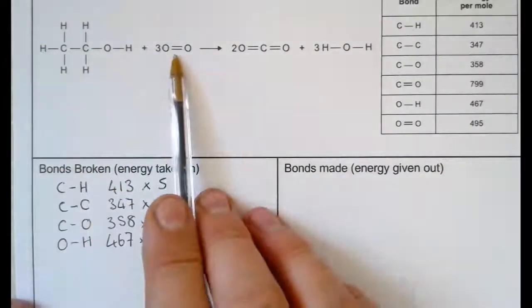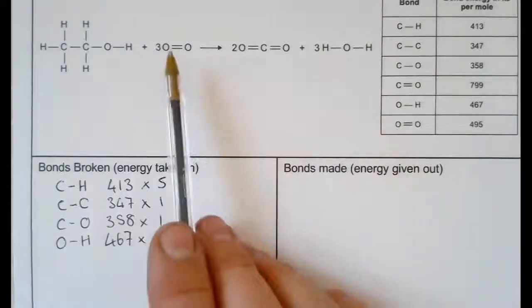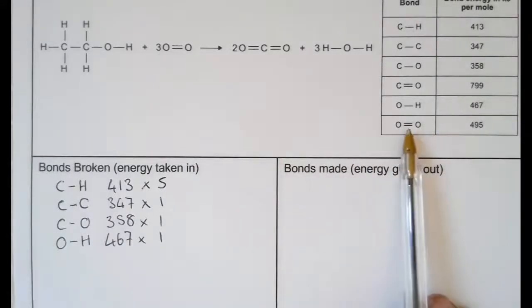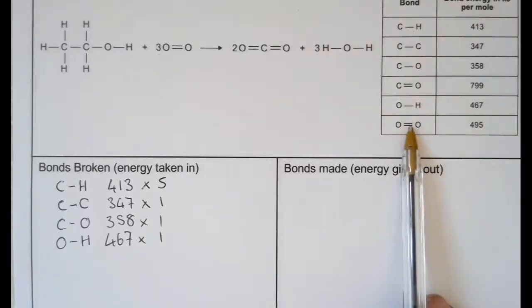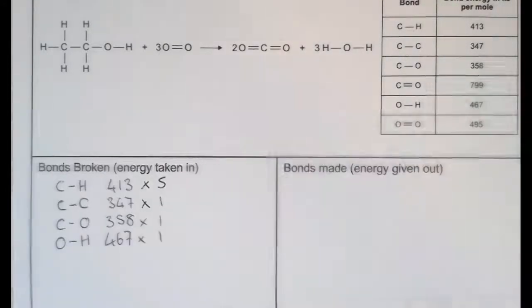Now we need to have a look at the second molecule. The second molecule is an O2 molecule, and in each molecule we've got 1 of these O double bond O. If you've got 2 lines like this, that means a double bond. If you've only got 1 line like we did over here, that's a single covalent bond.